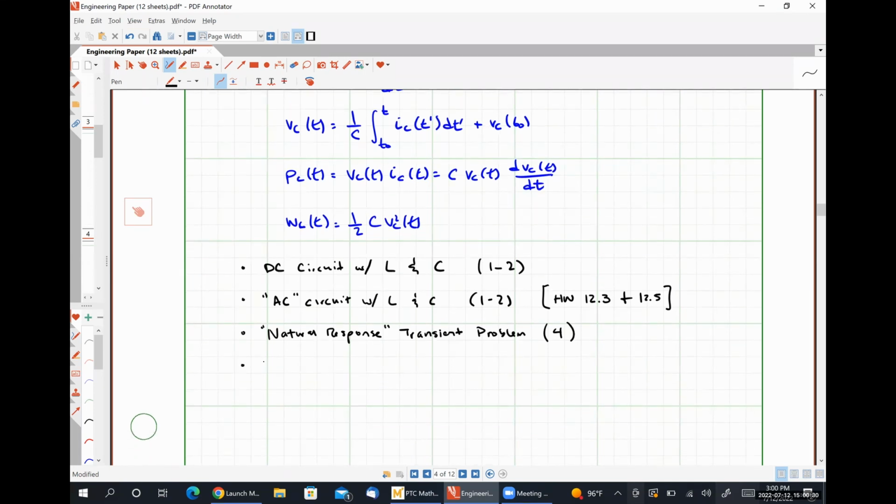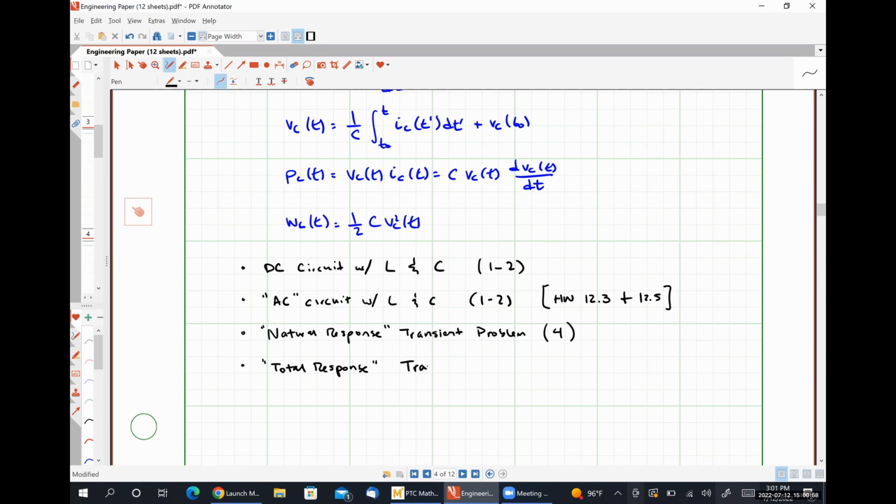And then there is going to be a total response problem. You'll know it's the total response problem because I am asking you what's going on at t is equal to infinity. Okay, so you don't need to be able to know the difference. When I ask you to analyze the circuit at t is equal to infinity, know that I'm expecting you to include that information in your generic equation.